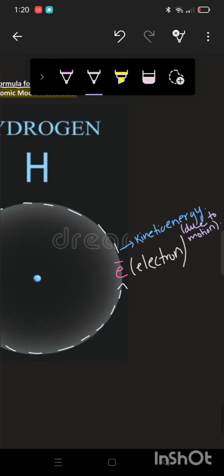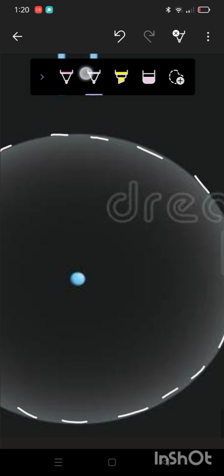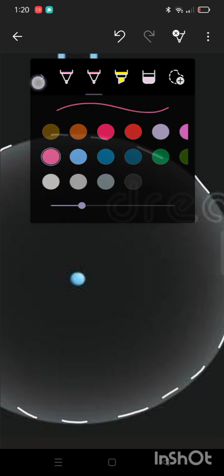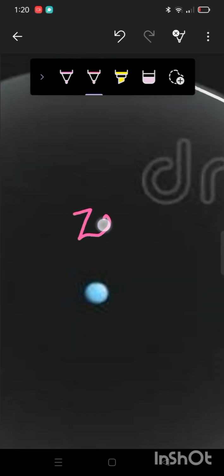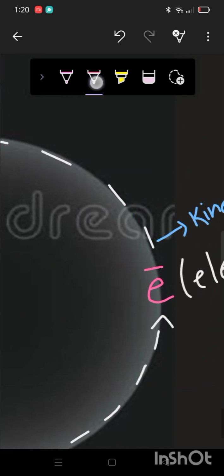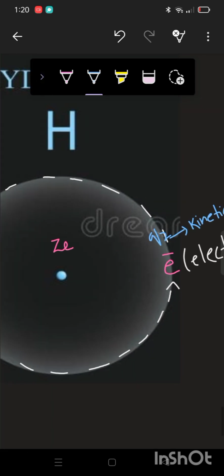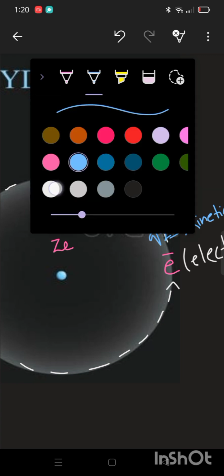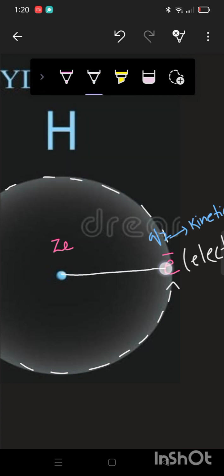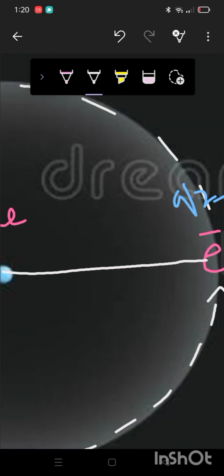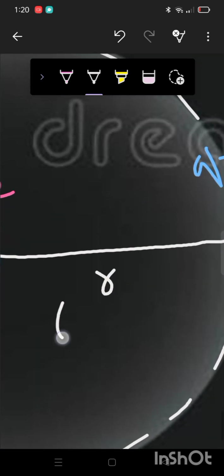And the other energy we have here will be the electrostatic potential energy, since we have two charges, right? One charge is, for example, Ze, which is basically Q1, and another charge we have here is Q2, and there is a distance between them. This distance is represented by R, which is used here for radius, from the center.